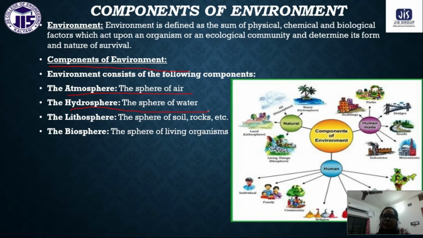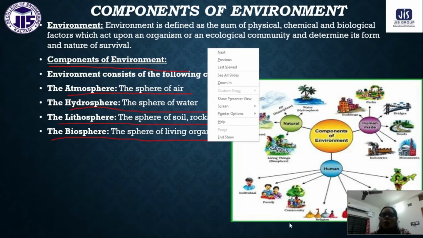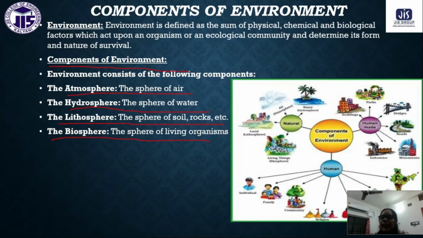The lithosphere, all types of land resources like soil, rocks, whatever we have, is called the lithosphere. And biosphere, the sphere of living organisms, the sphere where we live. Okay, all types of living organisms, that is the biosphere. So these are some of the components of the environment that we have.